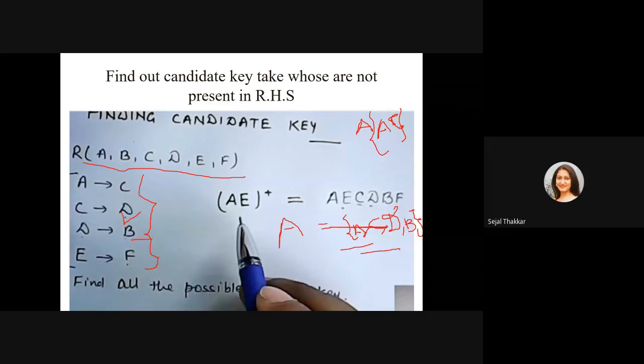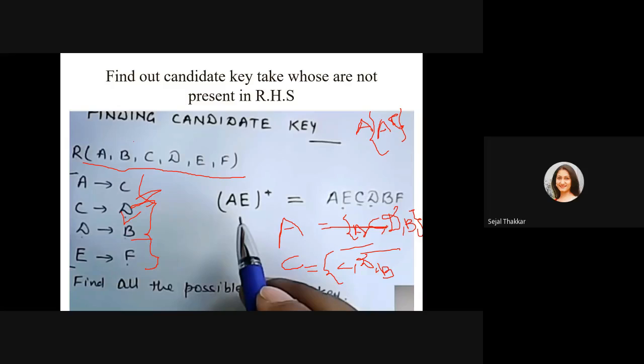Suppose I want to find out the closure of C. In that case I can write down C. Closure of C is C itself, and C tends to D is there. You can see here in the second rule, C tends to D. So I can write down D here, and from D I am getting B. So I can write down B. And see here, from B I am not getting anything.